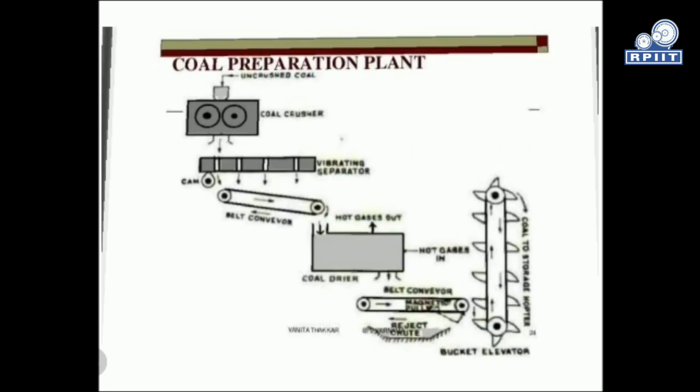So in the coal handling plant, we have to prepare the coal for its maximum combustion in the boiler section. We are here with the uncrushed coal at present, and that uncrushed coal goes to the crusher. The crusher is made up of two rollers, and between the rollers we feed this uncrushed coal, and the crushed coal comes out in pulverized form.